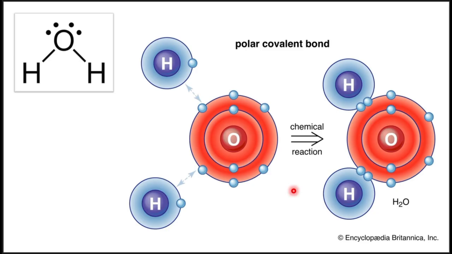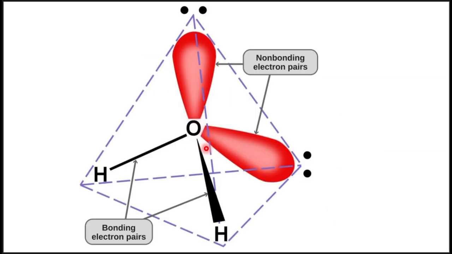So these bonded and unbonded electron pairs arrange themselves in a tetrahedral shape around the oxygen, which is why the two bonds appear to have a bent shape. So this is the tetrahedral geometry of water. This is the lone pair, the non-bonding electron pair.